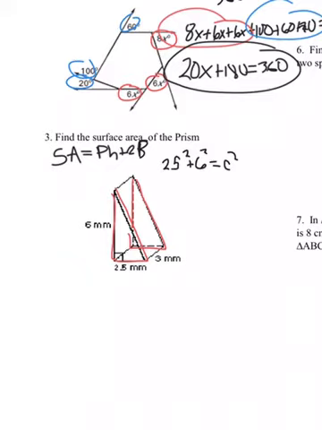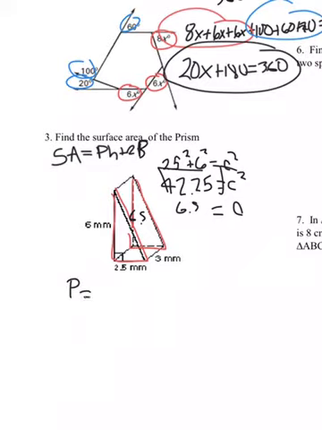So 2.5 squared plus 6 squared is 42.25. And then you square root 42.25, and you get 6.5. So your perimeter is 6 plus 2.5 plus 6.5, which is 15.